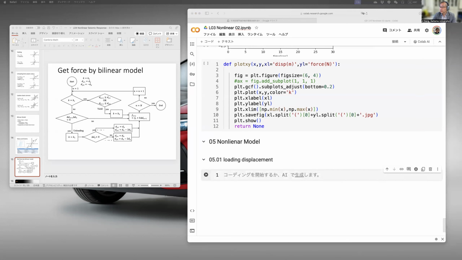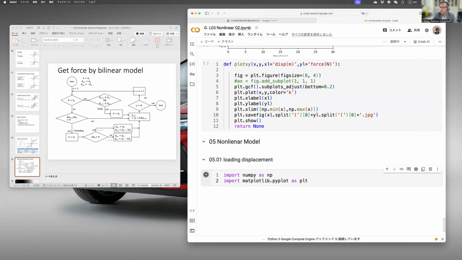So how to do that? As we did before, firstly we set some parameters for generating a sine wave.